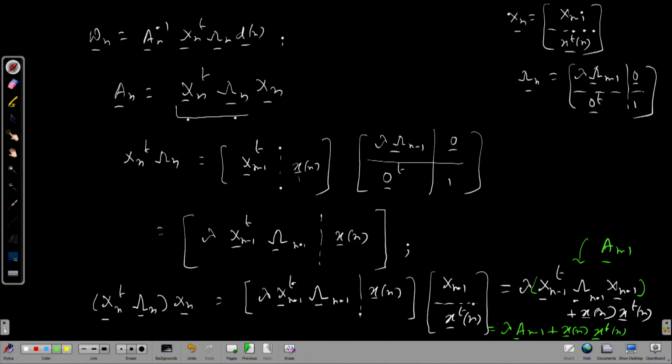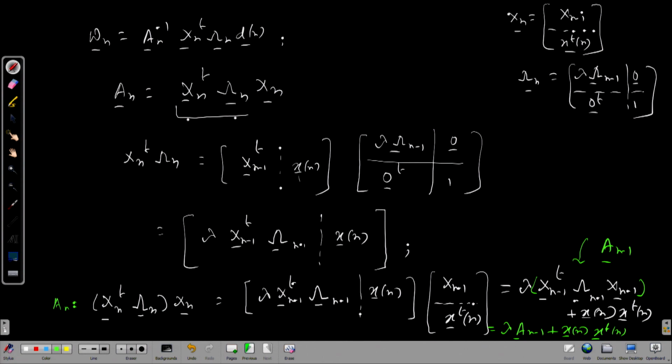This is very interesting. This shows how A n, we started with A n, how A n comes from A n minus 1. This is lambda times A n minus 1 plus an extra term. What is the extra term? Current input vector into its transpose.